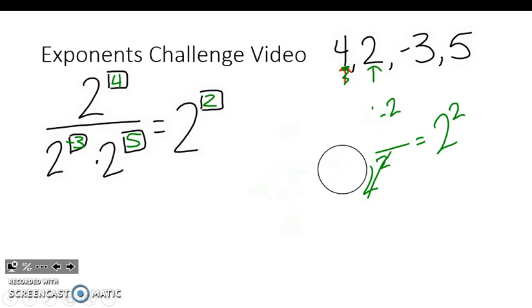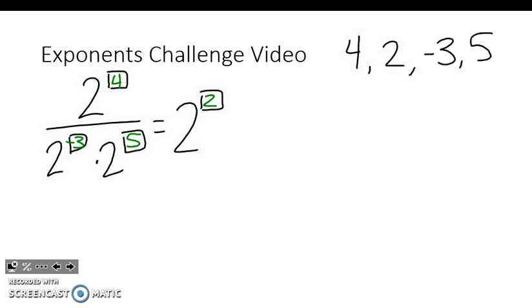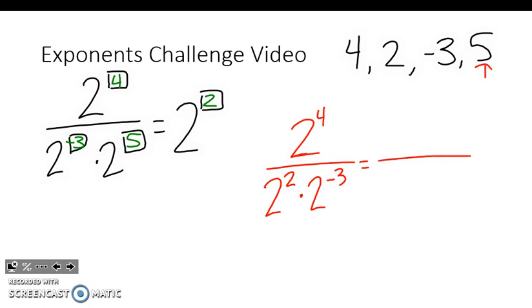Let me go over another one that you could have gotten. All right, so what about if I leave 2 to the 4th and I throw in some different numbers on the bottom? So what about 2 squared and then 2 to the negative 3rd, which means my answer would have to be 5 if I get them correct.